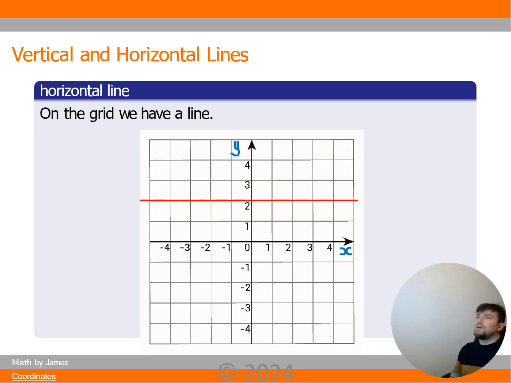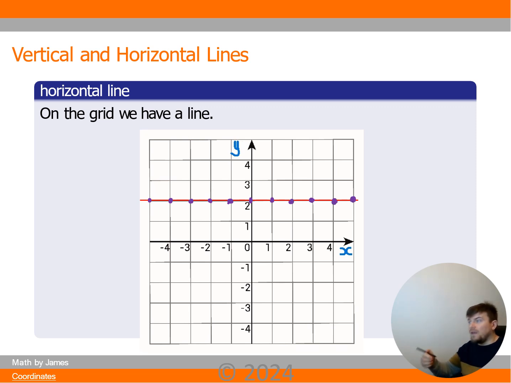Now we're looking at vertical and horizontal lines. So this is looking at what the equations of the lines are. So this line here, if you notice, each and every point of our horizontal line is going through here. And what's common to this?